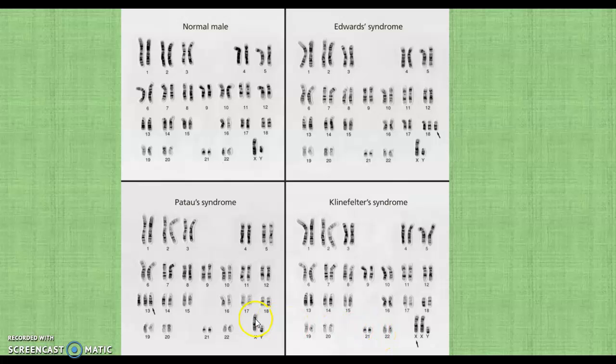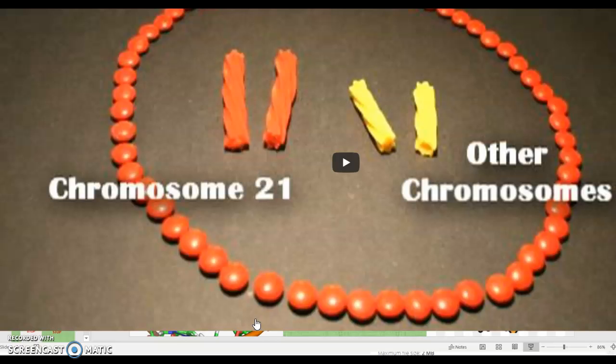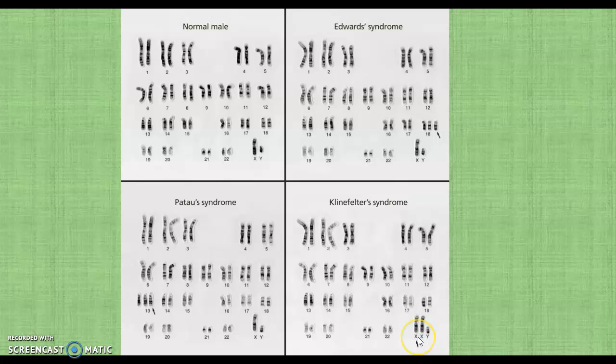And then the last thing is what this video is about, looking at those big picture mutations. So this is going to look at something called non-disjunction. If you're looking at the big picture and you're trying to see if a child has all of its chromosomes, 46 chromosomes, those 23 pairs, you might do something called a karyotype.